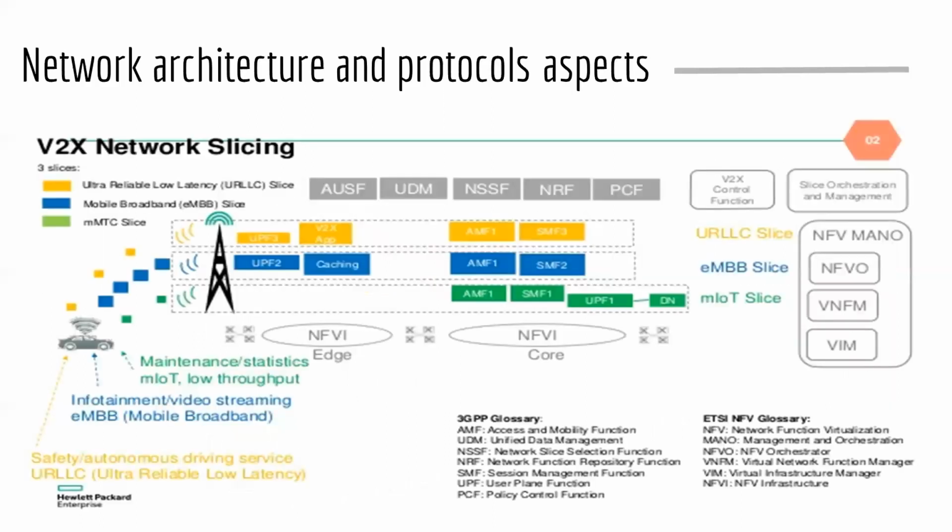Moving on to the network slicing. The V2N and communication via the network represent suitable applications for the network slicing. For instance, autonomous driving or safety emergency services will require a URLLC network slice. Meanwhile, some infotainment services or personal mobility services would require either a best effort slice or an eMBB.